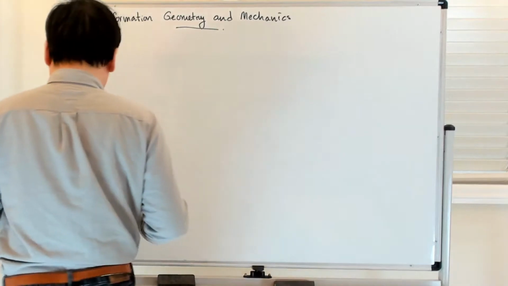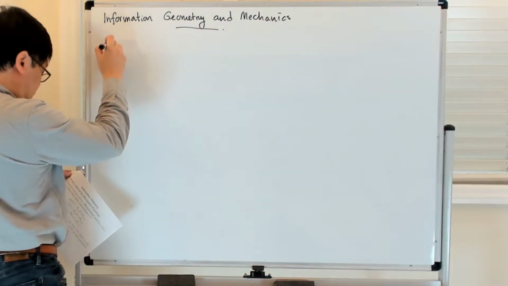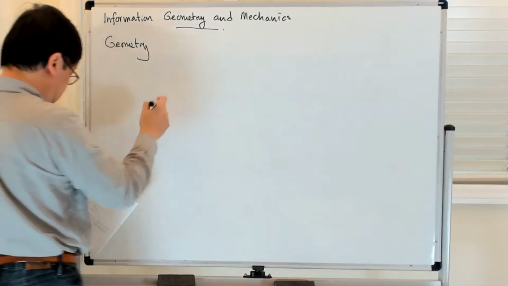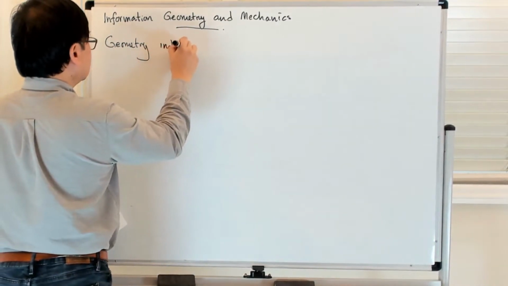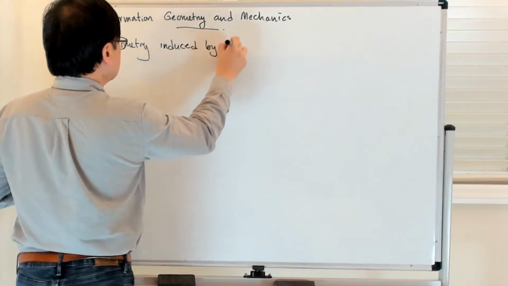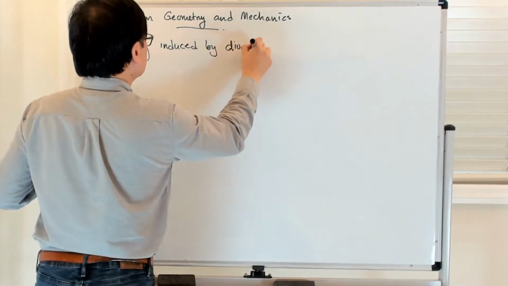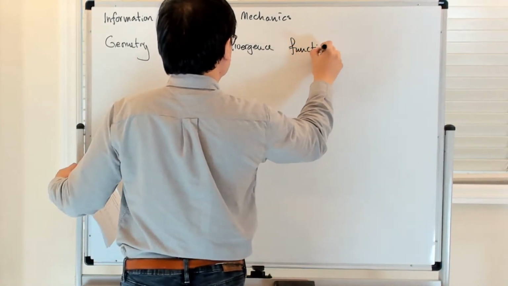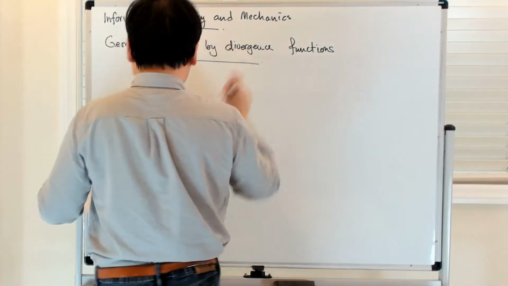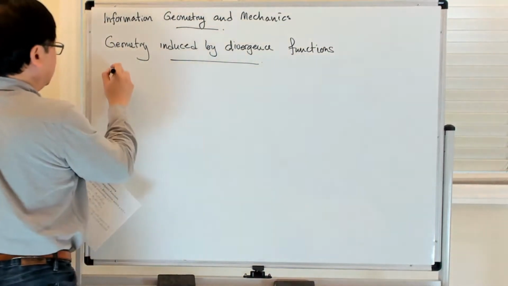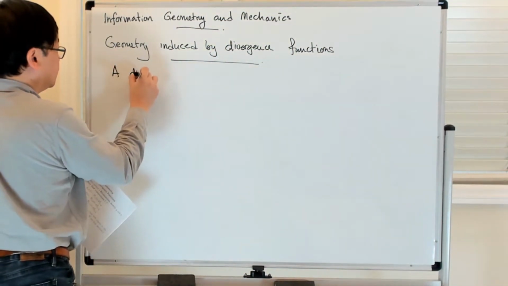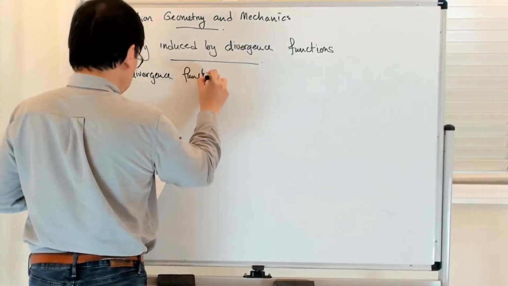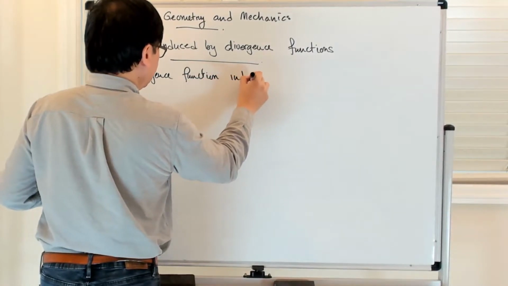So the geometry induced by divergence functions: a divergence function induces a Riemannian metric.